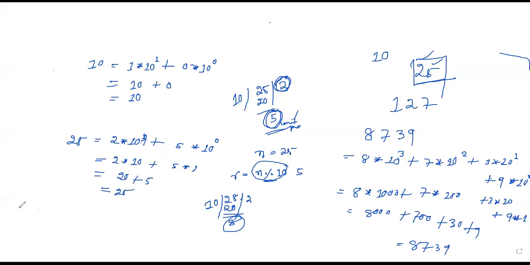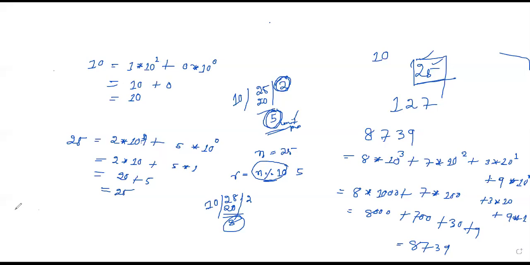Completely divisible means the remainder should be 0. When we divide any positive integer by 2, if the remainder is 0, that means it is completely divisible by 2, and it will be treated as an even number.